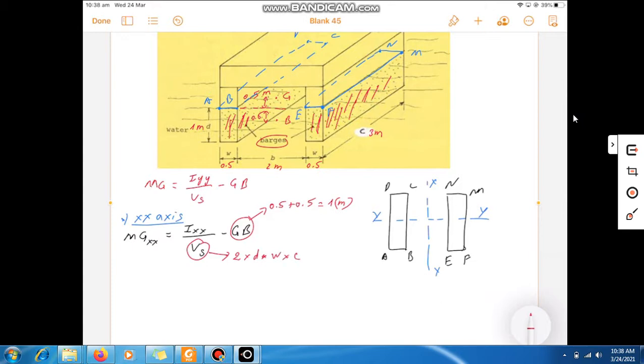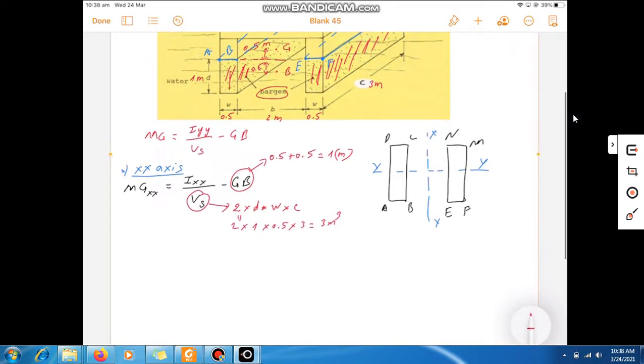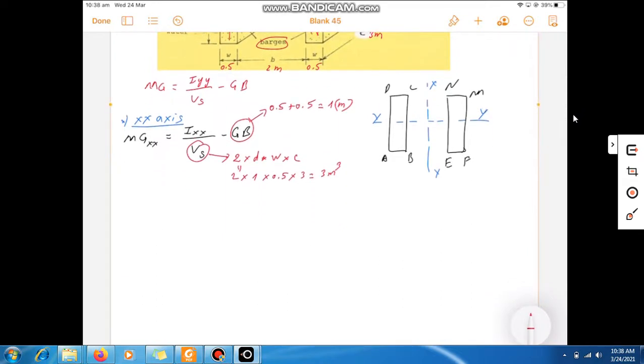So for this volume, we have Vs equal to 2 times, because the volume on the left hand side equals the volume on the right hand side, times D times W times C. Or equal to 2 times D is 1, is 0.5, and C is 3. So this one is 3 meter cube.